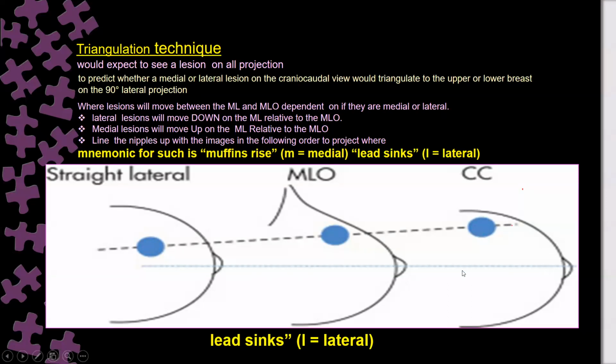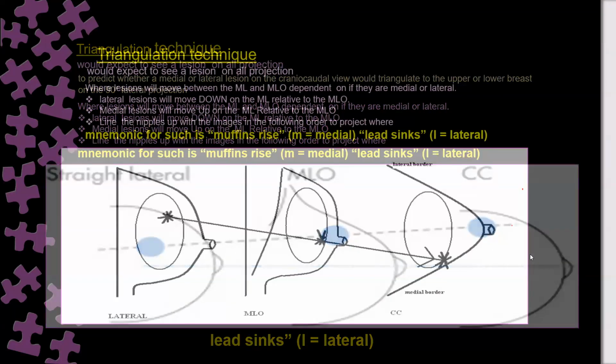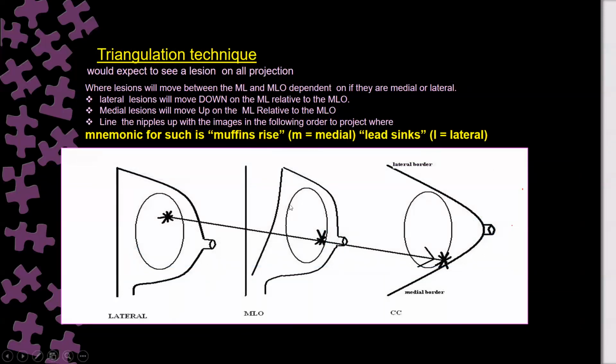We have to put the nipple aligned at the same level to make these triangulations. Again, to make the triangulation, the CC, MLO, and lateral views are aligned at the same level, with the MLO in the middle between the CC and the lateral view. Usually from the left, start with the straight lateral, then MLO, then the CC view.